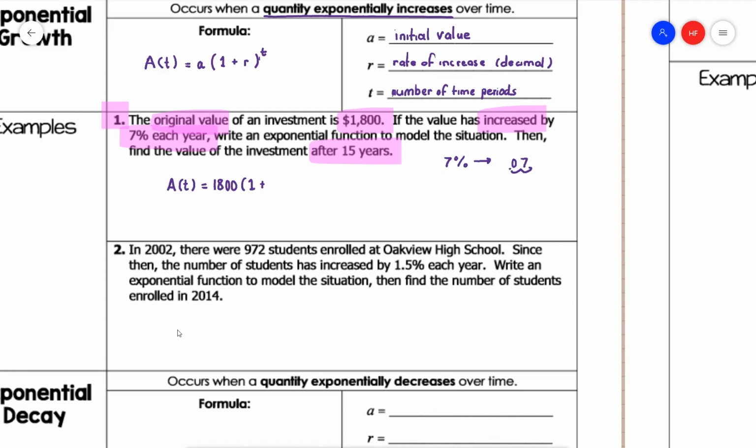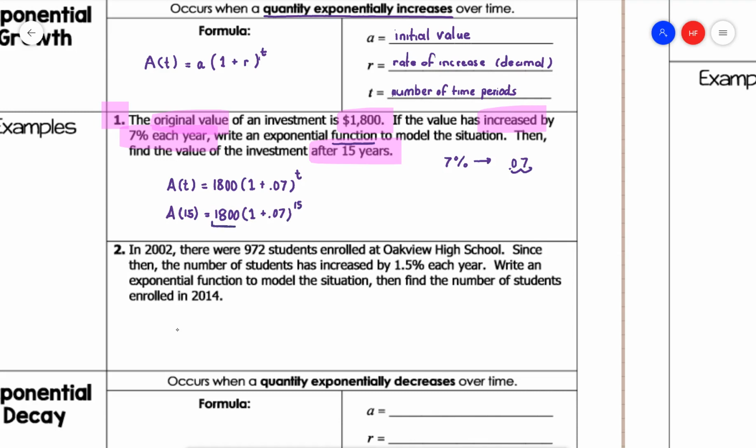So 1 plus 0.07, and then to the power of the number of time periods. So for now, we're going to leave it as t because it says just to write the function. And then we're finding the value after 15 years. So the amount after 15 years would equal 1,800, 1 plus 0.07 to the power of 15.